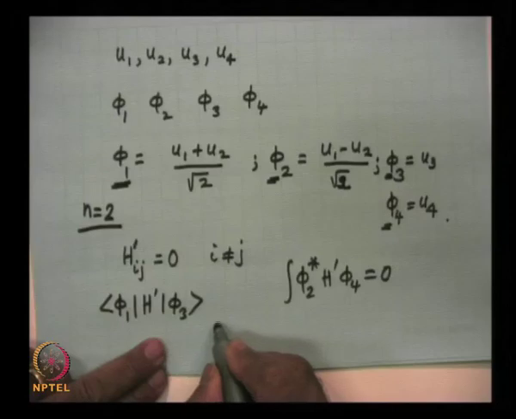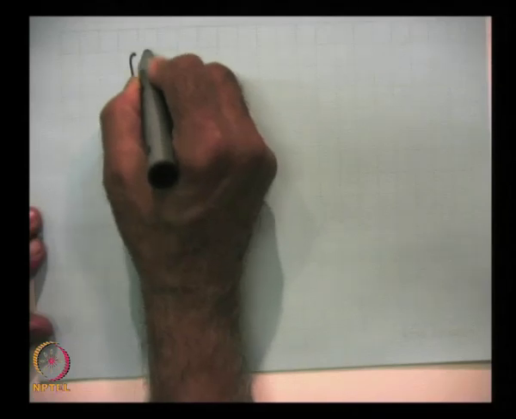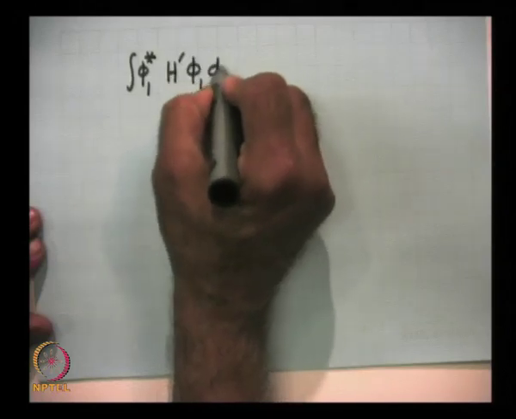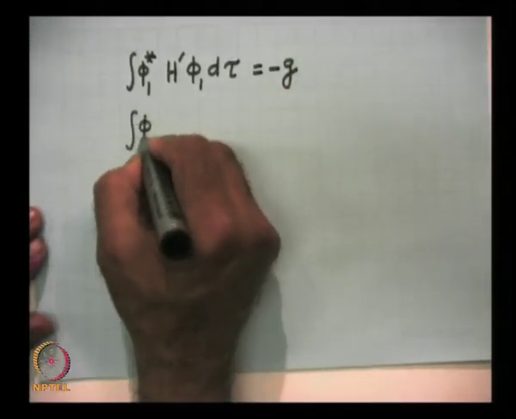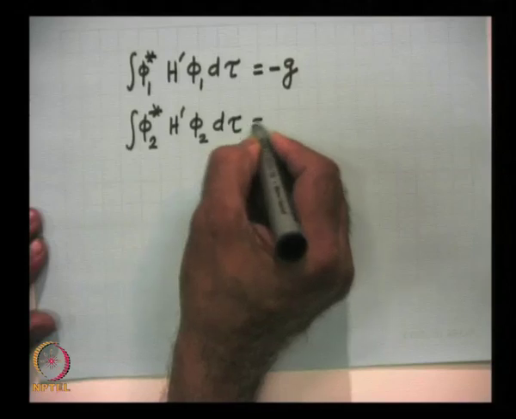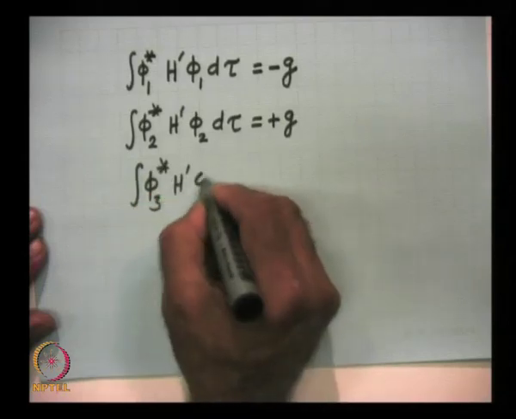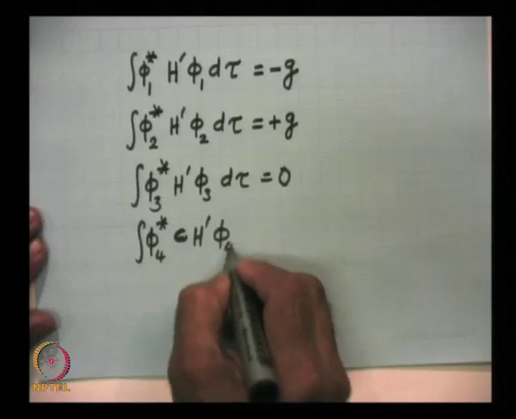Only the diagonal terms survive, and you will find that integral phi 1 star h prime phi 1 d tau comes out to be minus g, phi 2 star h prime phi 2 d tau will be plus g, phi 3 star h prime phi 3 d tau will be 0, and phi 4 star h prime phi 4 d tau is equal to 0.